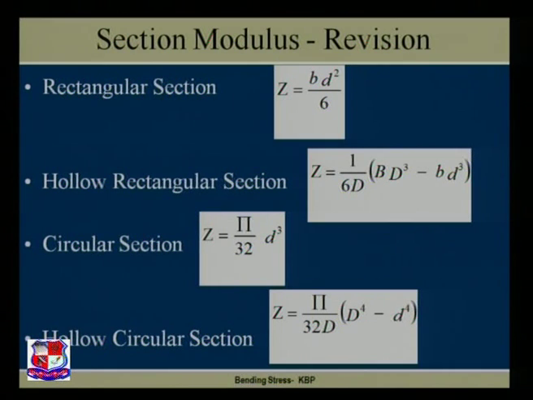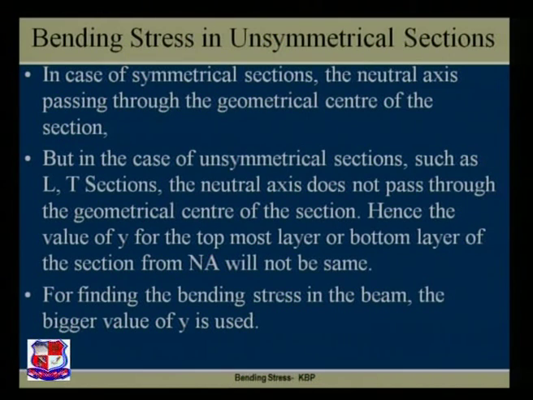For a circular section, Z is equal to pi by 32 d cube, where d is the diameter of the section. For a hollow circular section, Z is equal to pi by 32 D bracket D raised to 4 minus d raised to 4, where capital D is the outer diameter of the hollow circular section, while small d is the inner diameter.